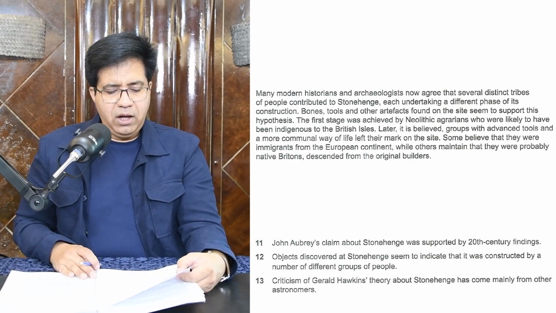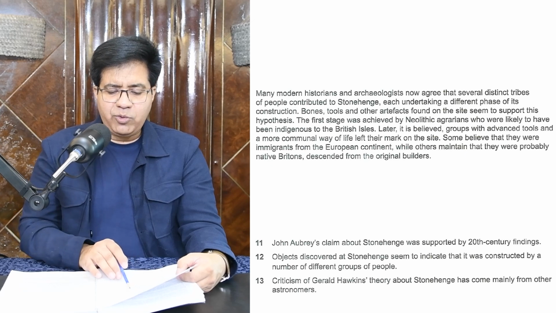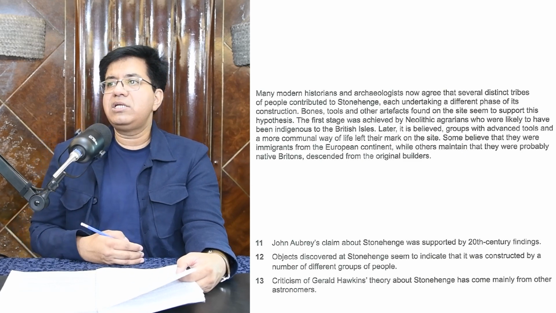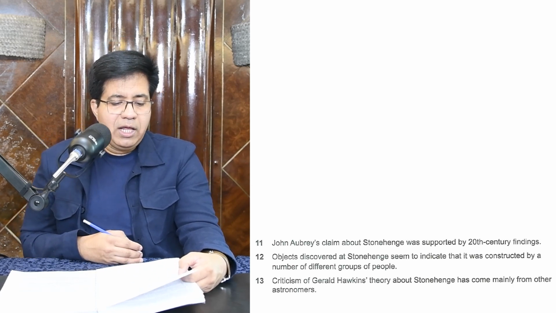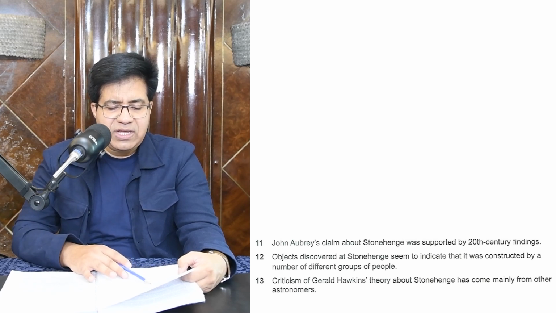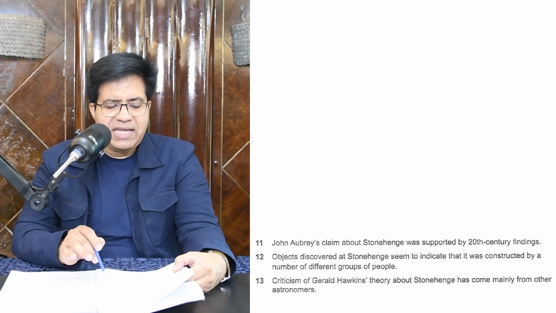So, objects discovered at Stonehenge seem to indicate that it was constructed by a number of different groups of people. Correct answer is true. Number 13, criticism of Gerald Hawkins' theory about Stonehenge has come mainly from the astronomers.